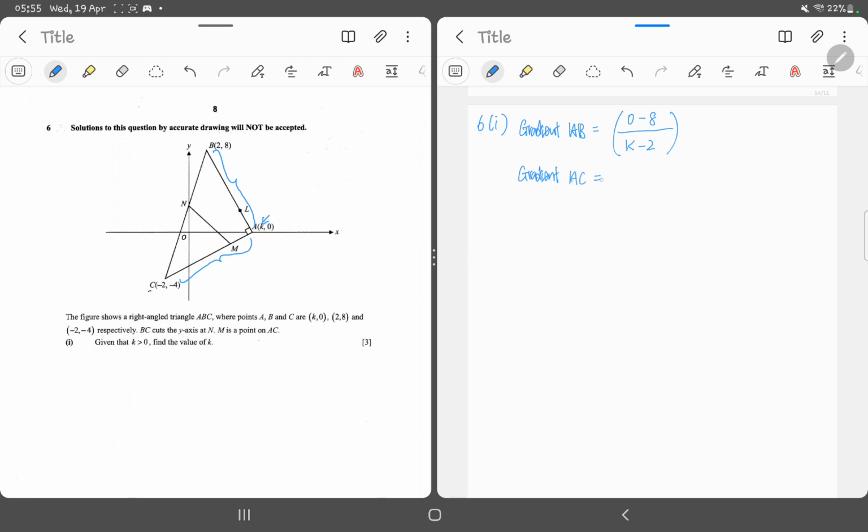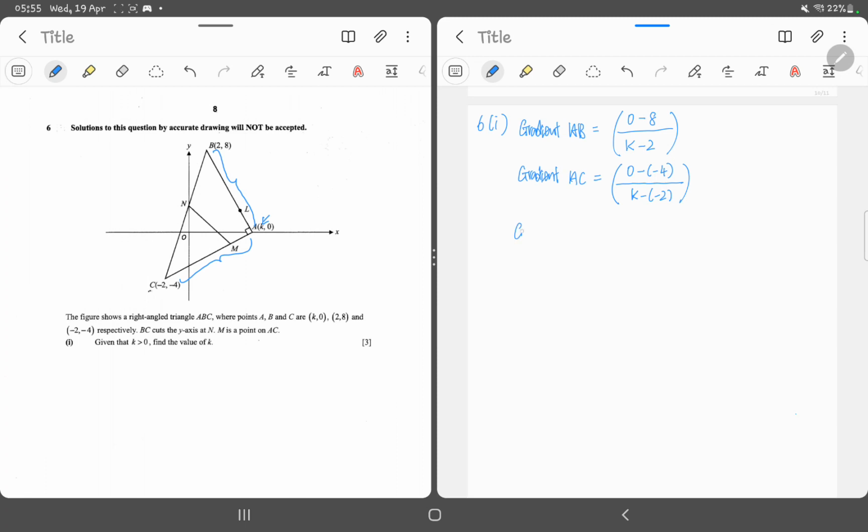And gradient AC is 0 minus 4, y2 minus y1, over x2 minus x1, k minus 2. Since the line AB is perpendicular to the line AC, the multiplication of the gradient AB with AC equals -1.